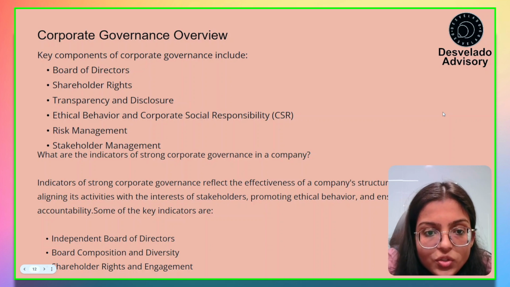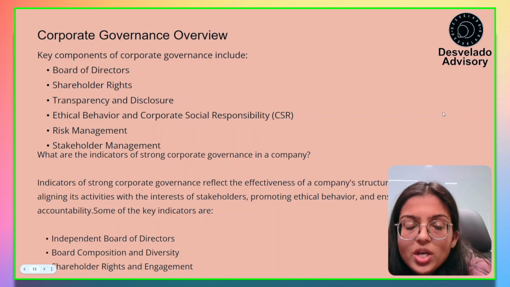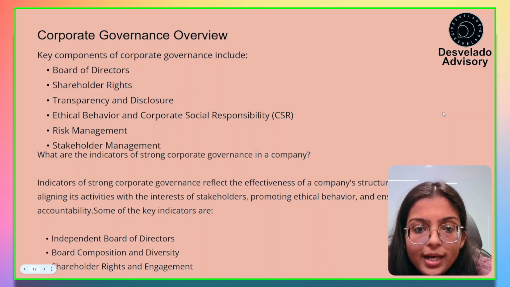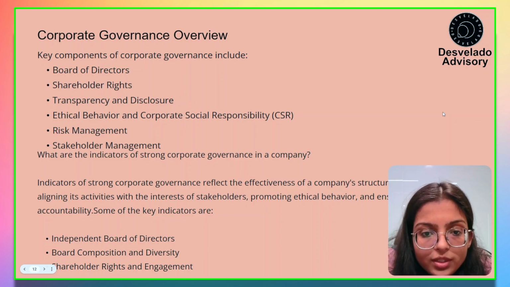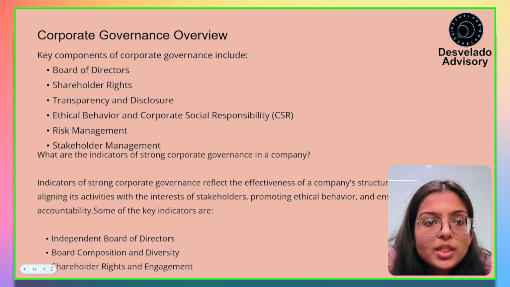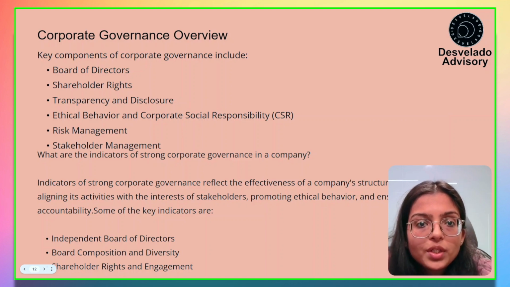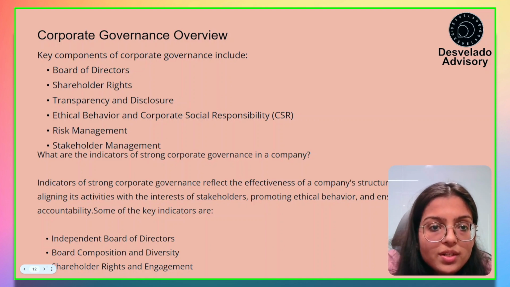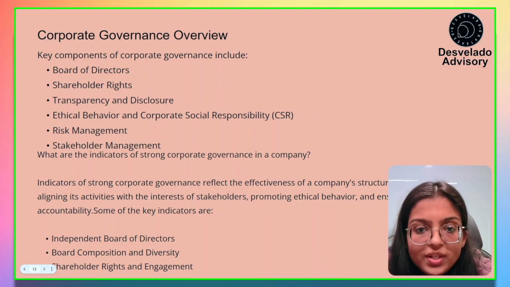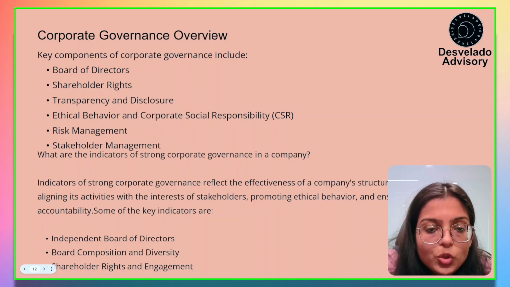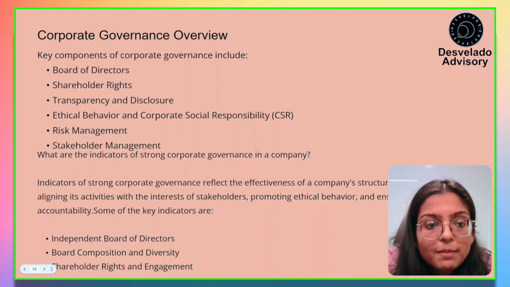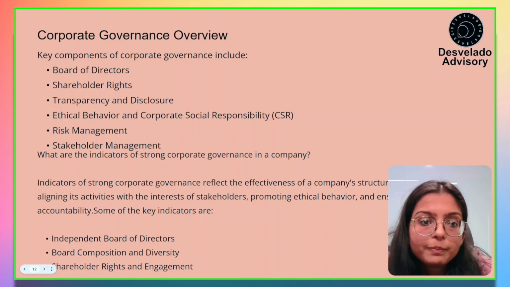It involves the relationships among various stakeholders such as shareholders, management, board of directors, employees, customers, suppliers, and the community. So the key components of corporate governance include board of directors, shareholder rights, transparency and disclosure, ethical behavior and CSR, which is corporate social responsibility, which every industry has to adhere to, risk management, and stakeholder management.